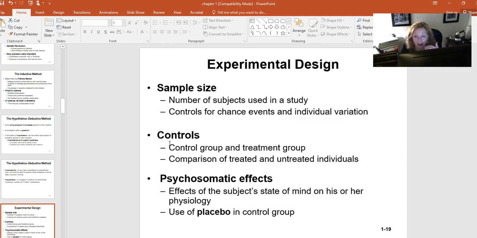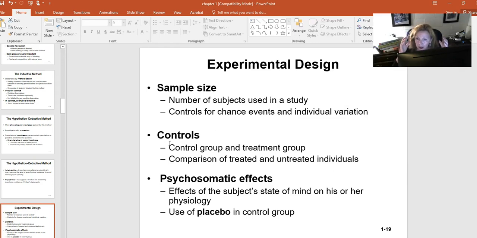It's going to take a lot of things. It's going to take huge sample sizes. I could come up with a drug to say, hey, this caffeine can cure cancer, my coffee can cure cancer, because I think it happened on me. Nobody's going to believe it unless you have huge sample sizes.